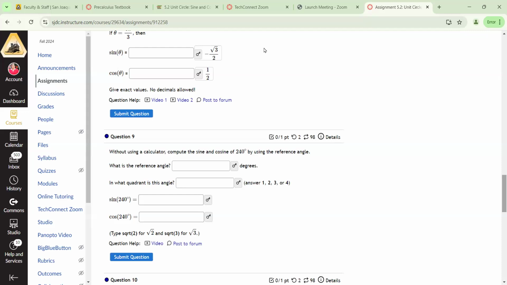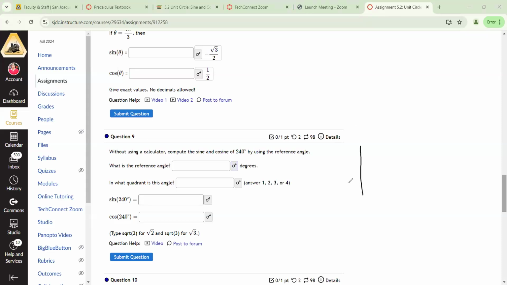Your unit circle will complete at 360 degrees, and 240 is 120 degrees away from 360. 360 take away 240 would be 120. And you're trying to find the reference angle.